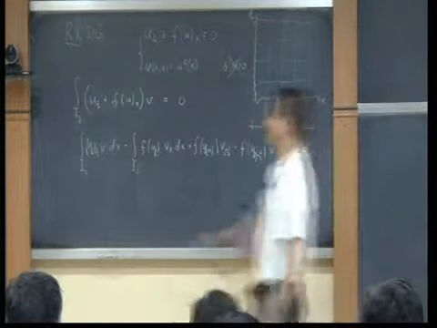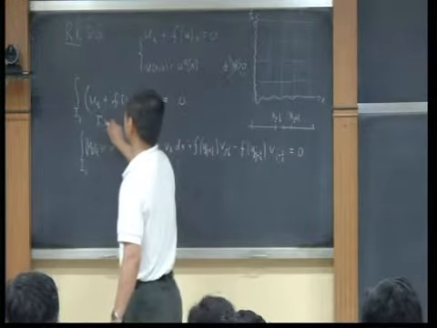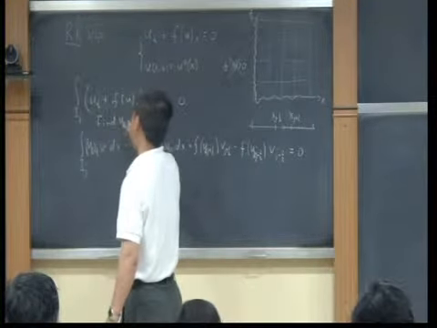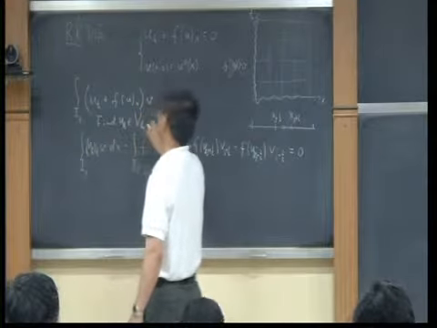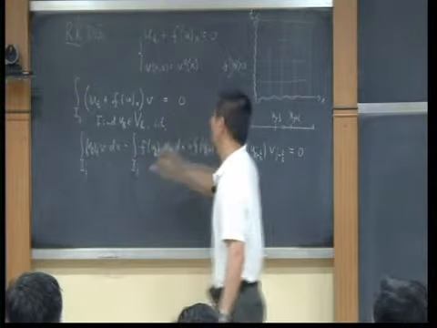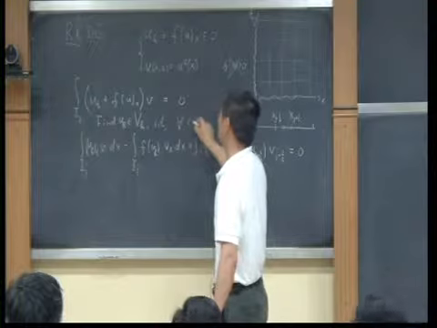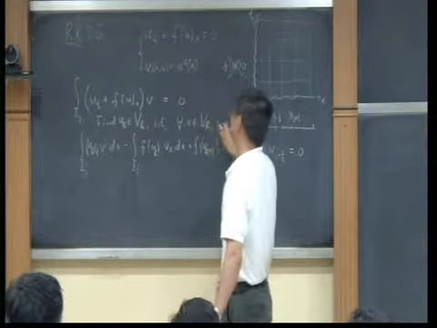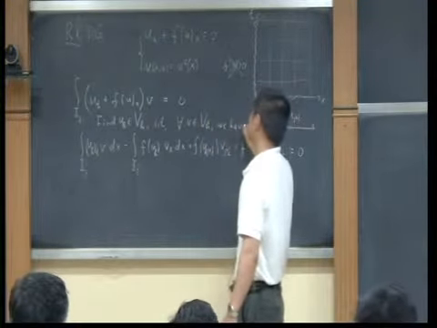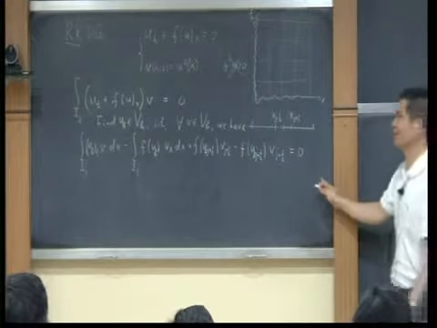And what is h? So I want to find u_h belonging to capital V_h such that for any test function v also in V_h, we have this equality, right?